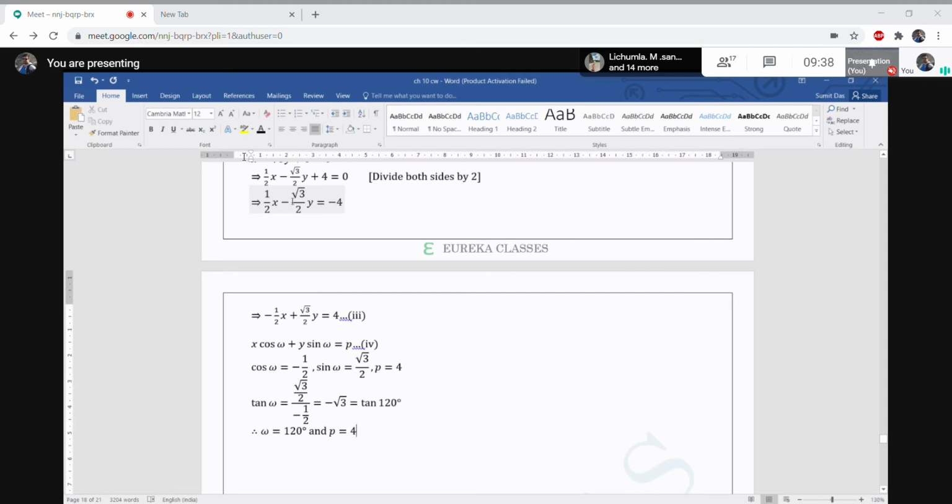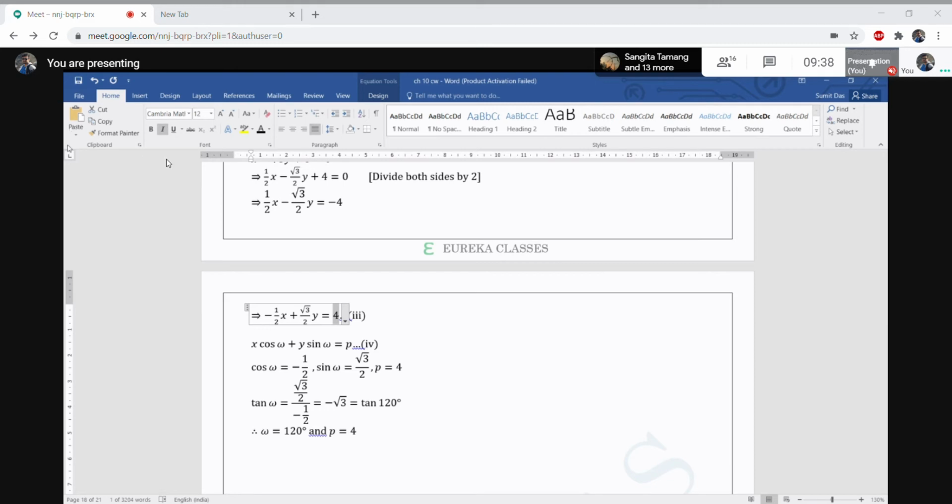So it is 1 by 2 x minus root 3 by 2 y equal to minus 4. So it will be minus 1 by 2 x plus root 3 by 2 y equal to 4, keeping the right side positive.